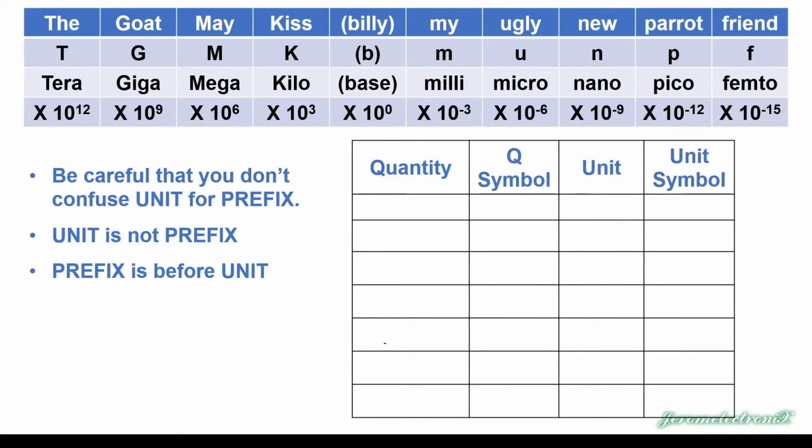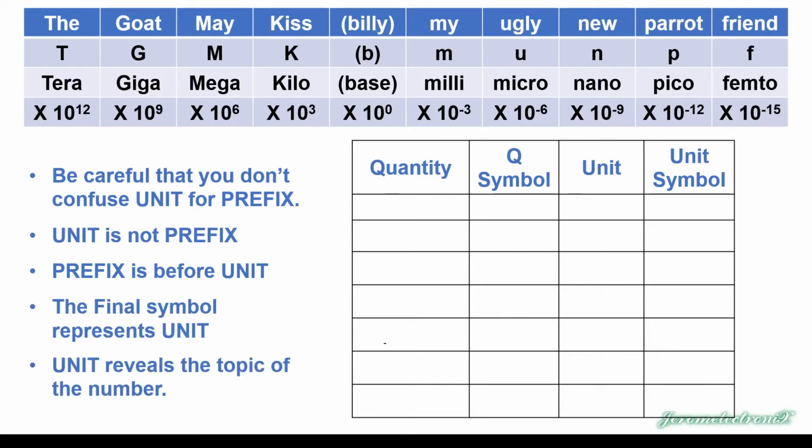You have already been exposed to this information before. If you've had any math classes at all, they're always telling you, don't forget to use the units when you give your final answer. The final symbol represents the unit, and the unit actually tells us what we're talking about, right?